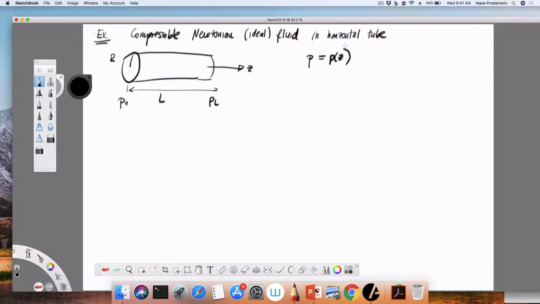I'm just assuming that these pressure differences along those slices are not large enough. And for a good enough push or pressure difference, they're not going to be large enough. So this is for simplicity.